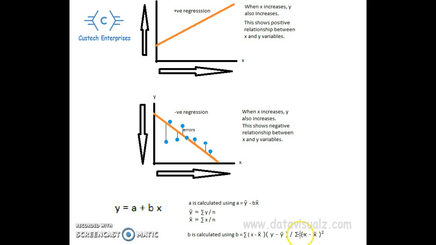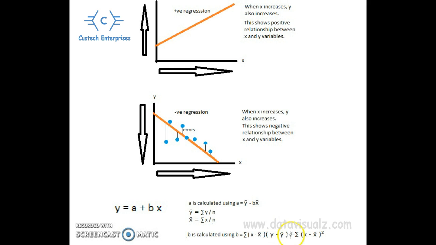So this is a very simple formula, you can very easily learn it: summation of x minus x bar multiplied by y minus y bar, upon summation of x minus x bar whole square. So this is how we calculate b.